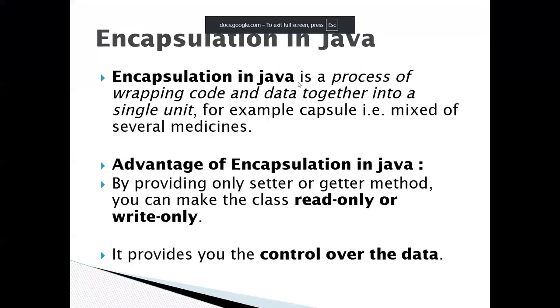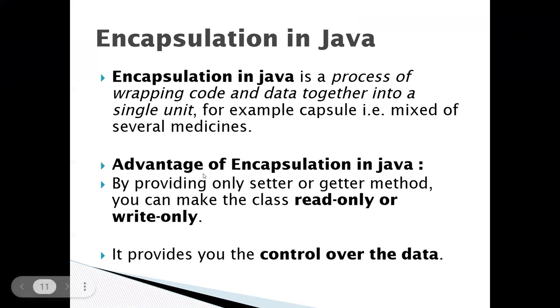Encapsulation in Java is the process of wrapping up code and data together into a single unit. For example, a capsule is a mix of several medicines. The advantage of encapsulation is that by providing getters and setters, you can make a field read-only or write-only. It provides you better control over the data.